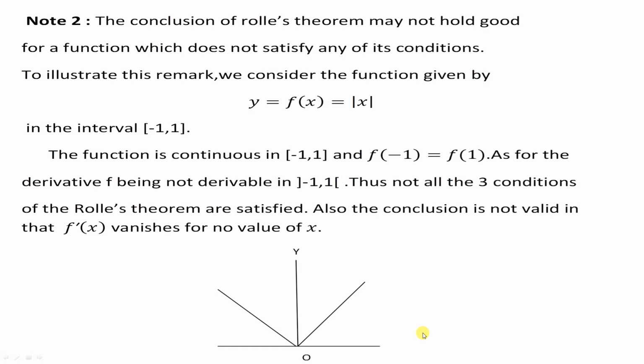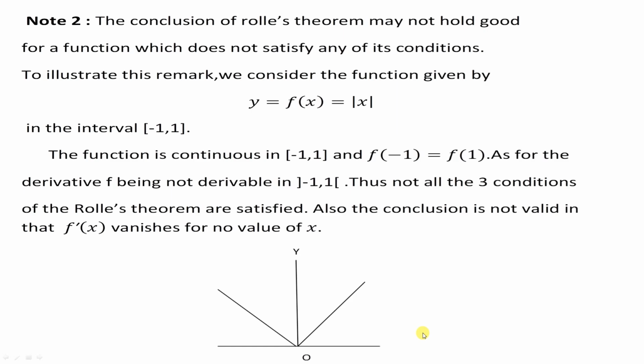So, in this case, for the derivative of the function, as h tends to 0 from the positive side and h tends to 0 from the negative side, you will get different values for the derivative.